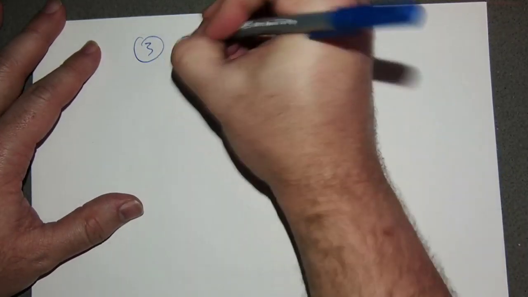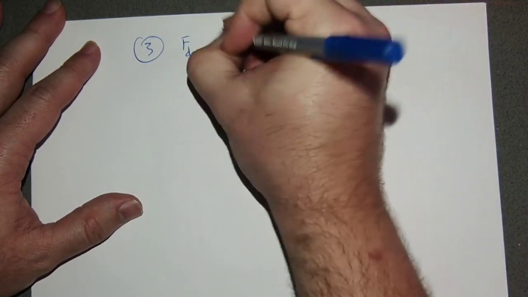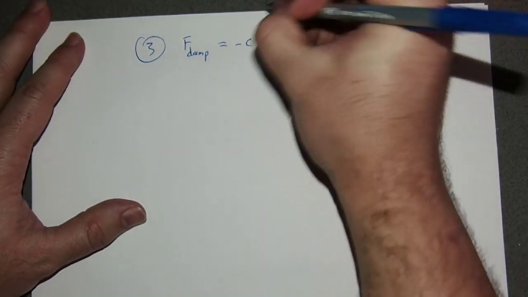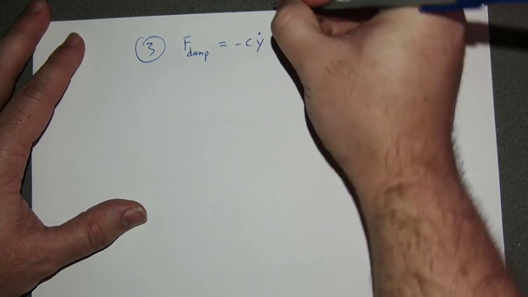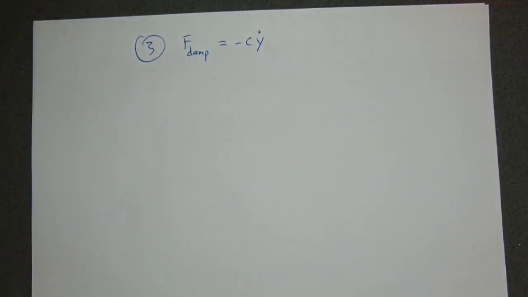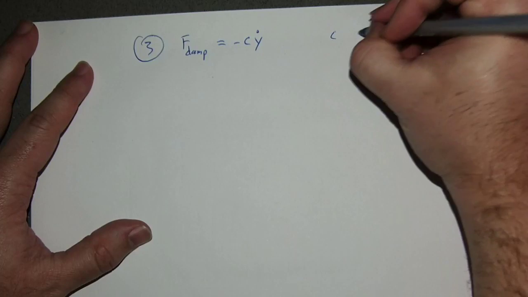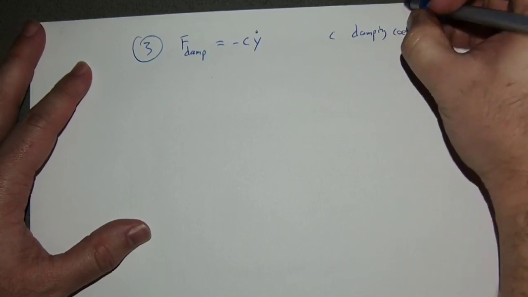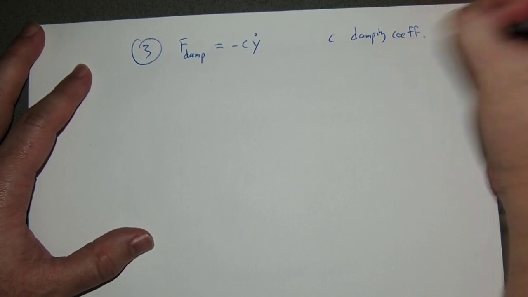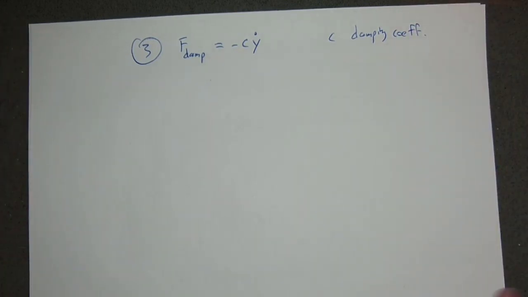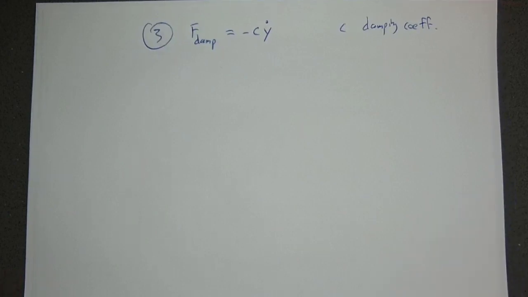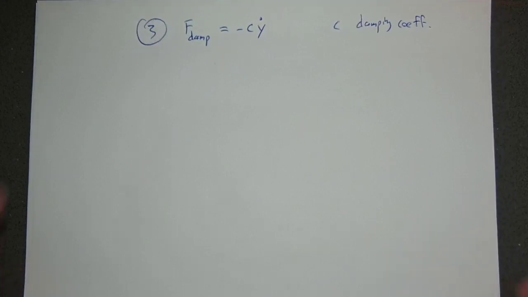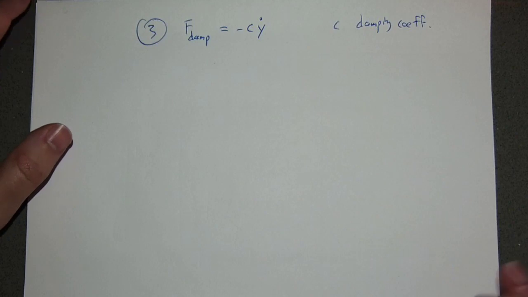So the third is the damping force. And the way that the damping force works is the following. This is minus C times y dot. So the C is called the damping coefficient. Sometimes you will be given the damping coefficient. Typically, you will have to figure it out. How would you figure this out?